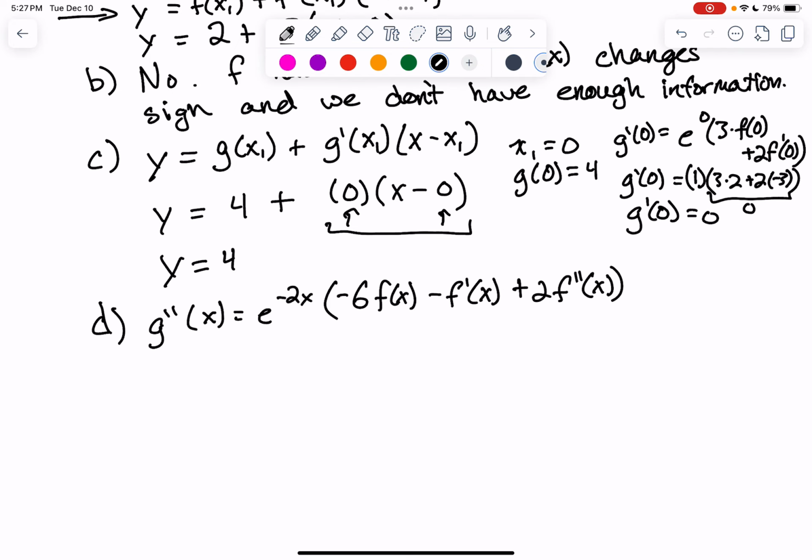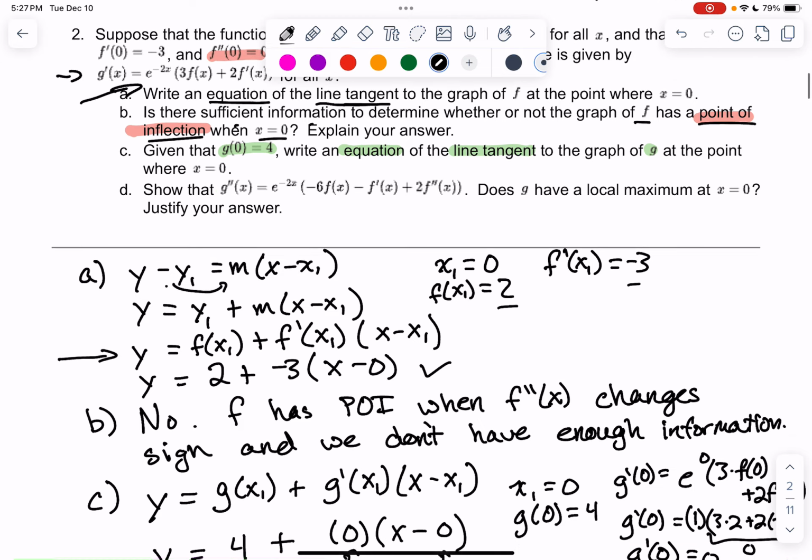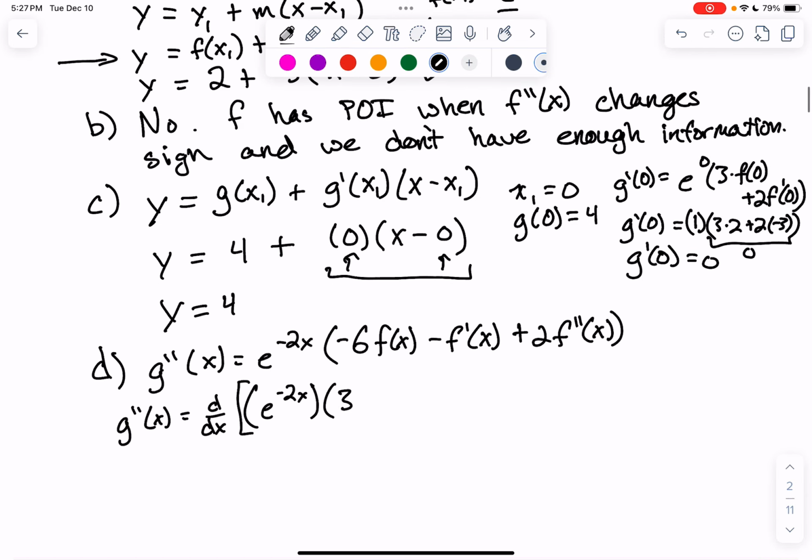Okay, well, let's start with our original. g double prime of x is going to be the derivative of g prime of x, which is e to the negative 2x times 3f of x plus 2f prime of x.